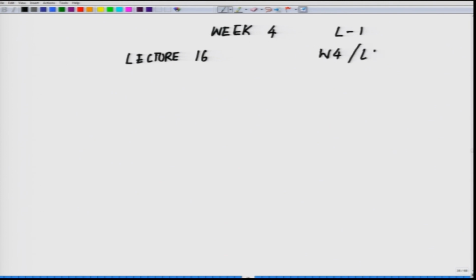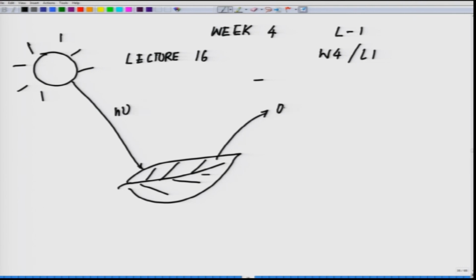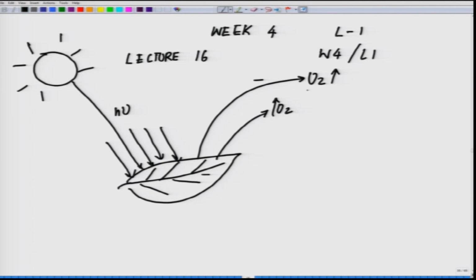So, say we are talking about a leaf surface, and light is falling on it. We are evaluating based on the oxygen evolving out. It has been observed that after quite a good number of photons hit, you have one oxygen molecule getting evolved.